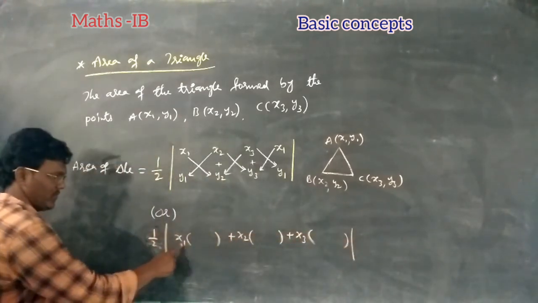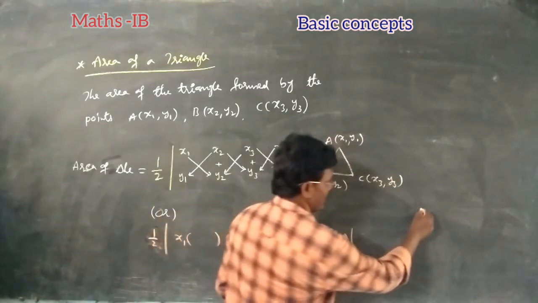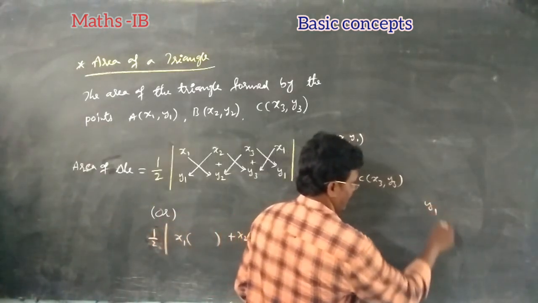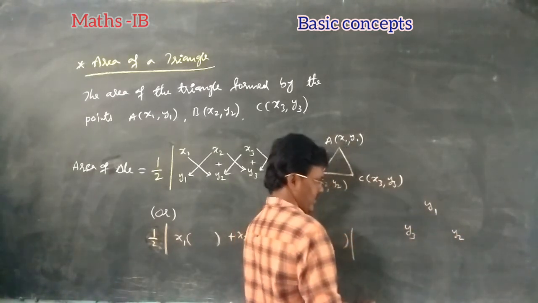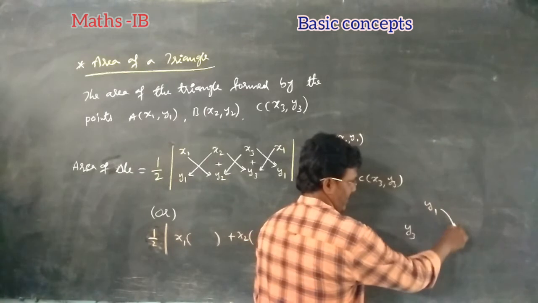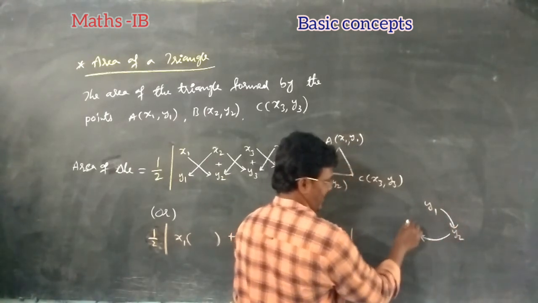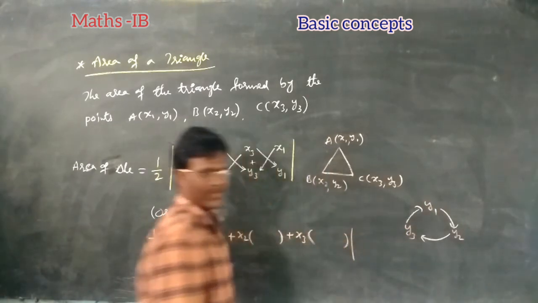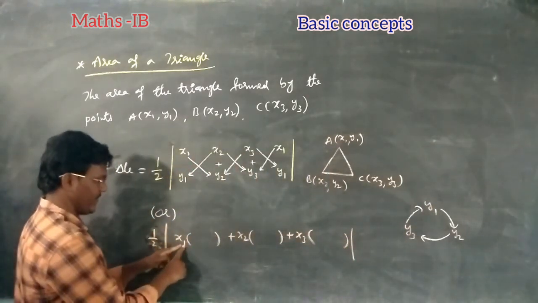Observe here, I am drawing one concept: y1, y2 and y3. Here is the cycle. After y1 we get y2, after y2 we get y3, after y3 we get y1. This goes in the clockwise direction. So first x1 is completed.